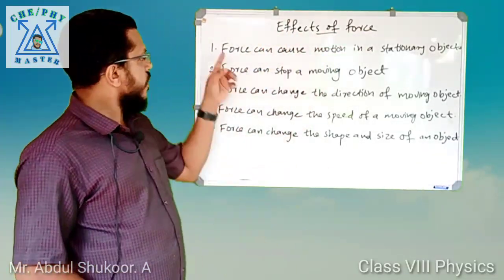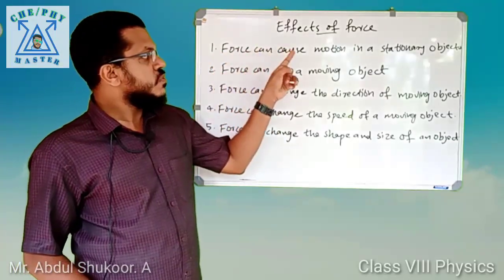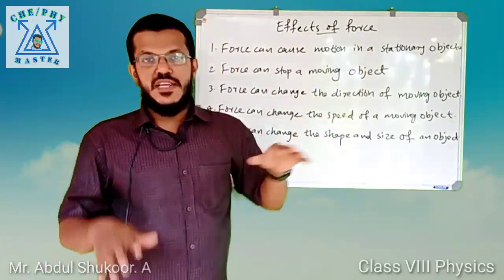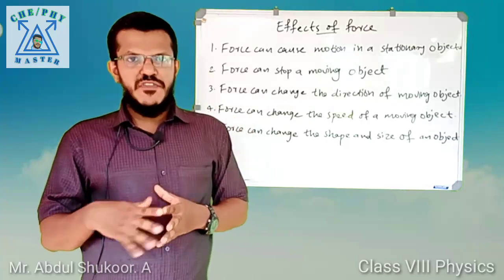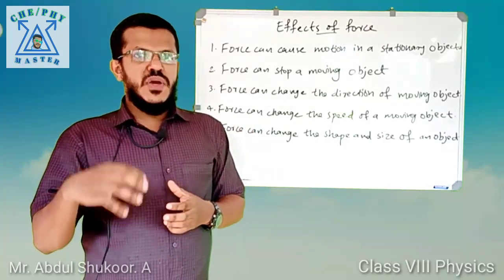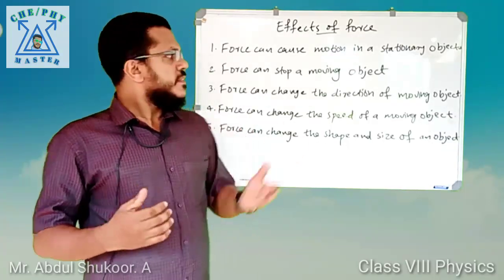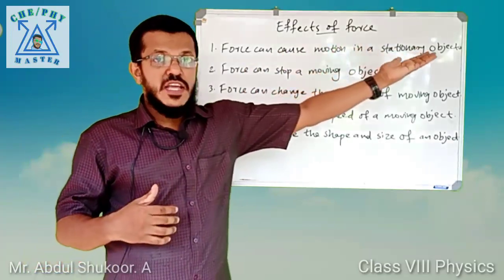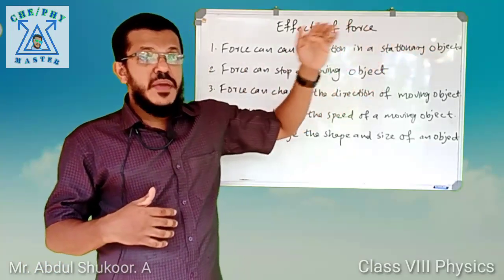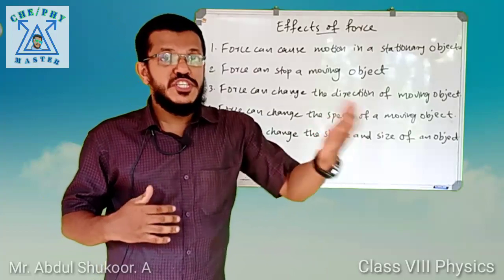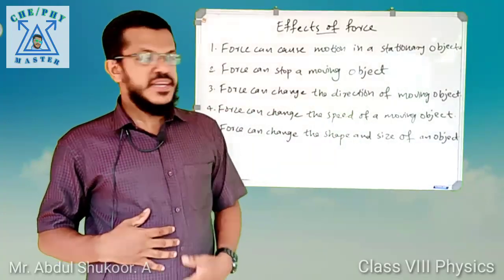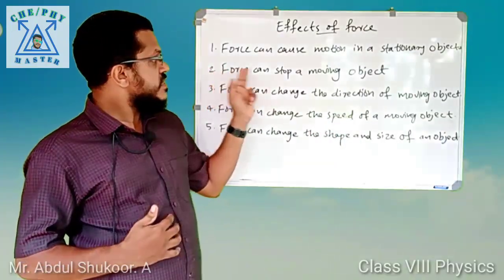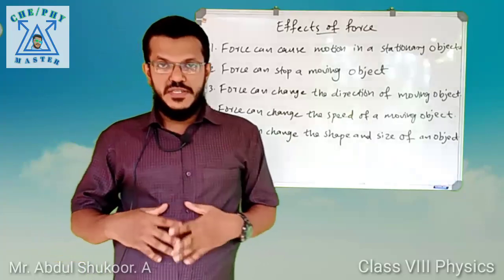First point: force can cause motion in a stationary object. If a body is at rest and you apply a force, then the object at rest may change to motion. Next point: force can stop a moving object.